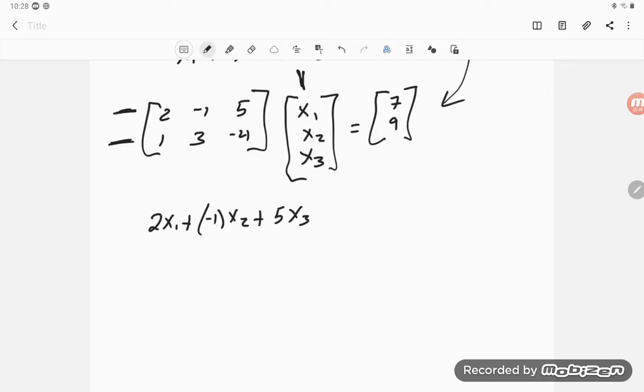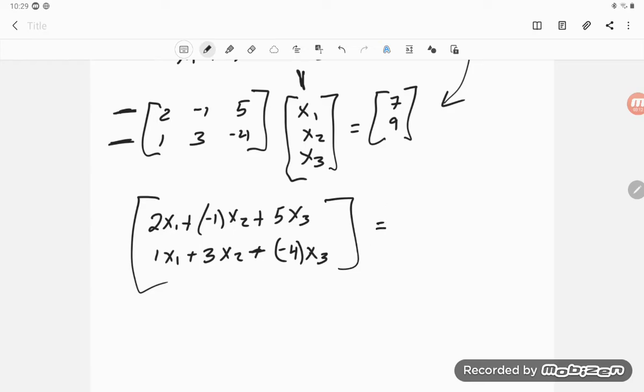Now I'll do second row, first column. I'll have 1 times x1 plus 3 times x2 plus -4 times x3. And so that's my new matrix, and we're saying that matrix is equal to this matrix.